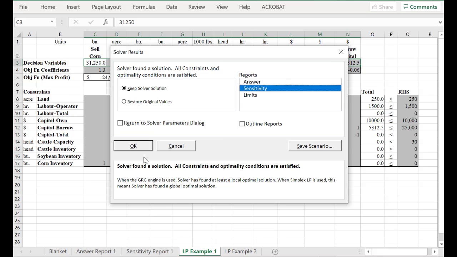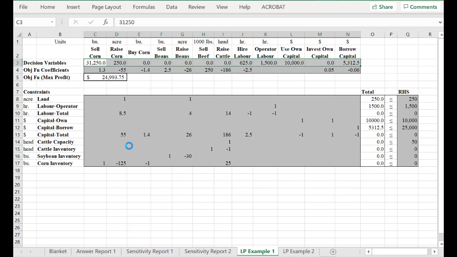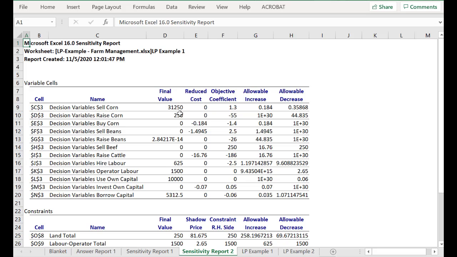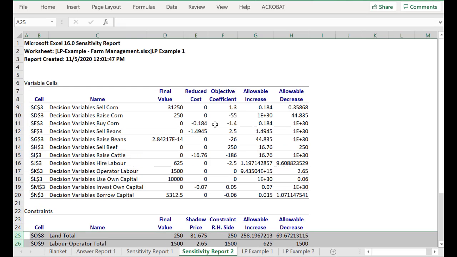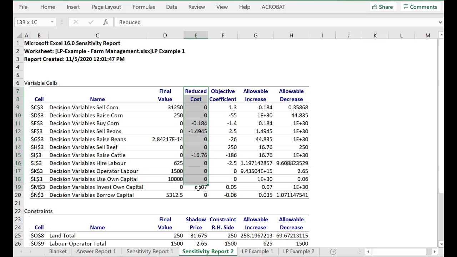This will be exactly the same as before we made any changes to the template, the original sensitivity report where we didn't add any explicit non-negative constraint. And this reduced cost, as I mentioned, is the shadow price for the non-negative constraint. You can see for cell bins, this is minus 1.49.